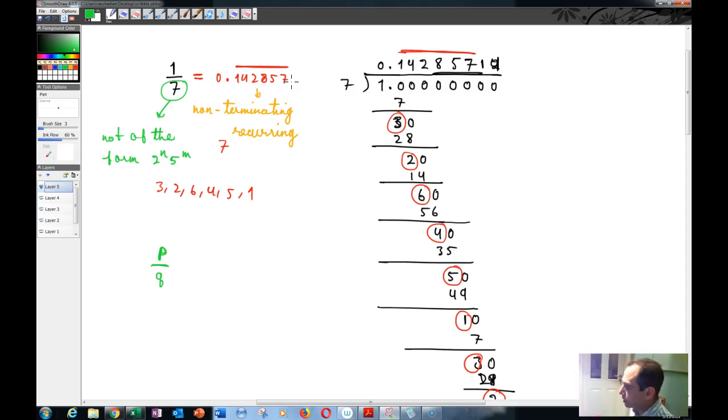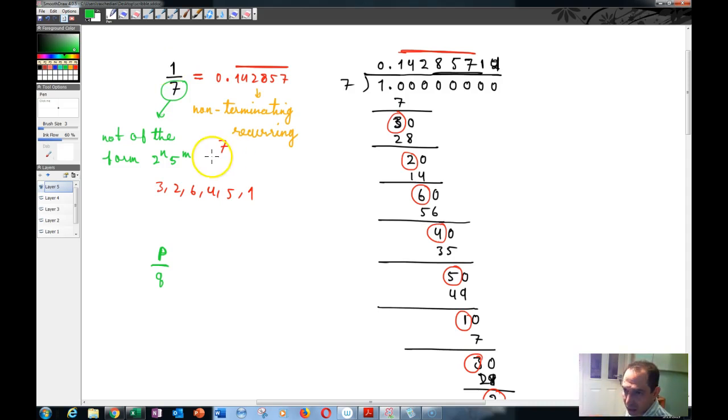I don't want to philosophize too much, but as it turns out, this kind of situation where the decimal expansion of the number is non-terminating recurring happens for any rational number which is not covered by the previous theorem that we just discussed.